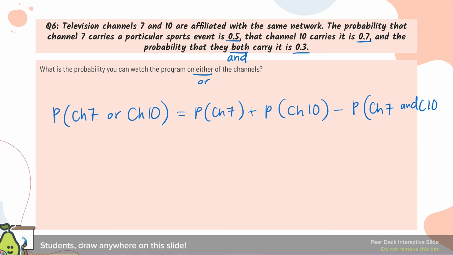And notice in the previous problem, or was at the very end, but now and is at the very end, which is okay because you can move this around like it's a mathematical equation, which it is. So now I'm just going to plug in some values. So I have 0.5 plus 0.7 minus 0.3, and that should give me the final answer.